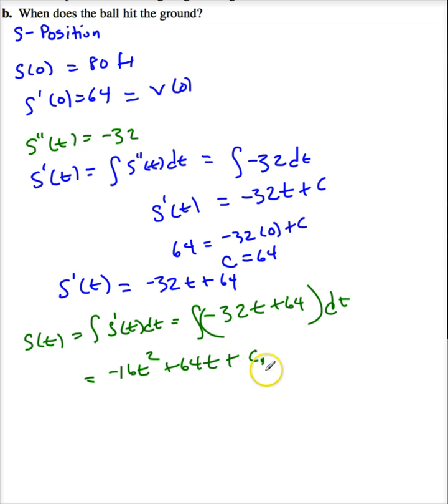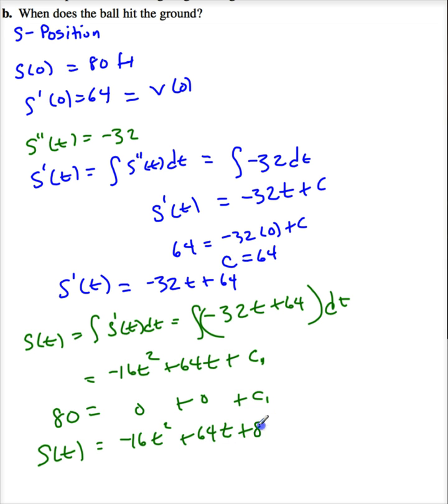I'm going to call this one C1. Now coming back up and using my initial conditions, I know s at 0 is 80, so 80 is equal to 0 plus 0 plus C1, so C1 is 80. So my position function is minus 16t squared plus 64t plus 80. So this is the position function as it relates to the height, as the position in time.